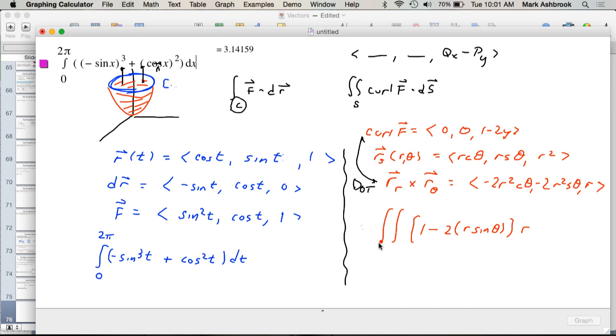And now we're doing the integral, and r goes from 0 to 1, theta from 0 to 2 pi, because this thing flattens into the unit disk.